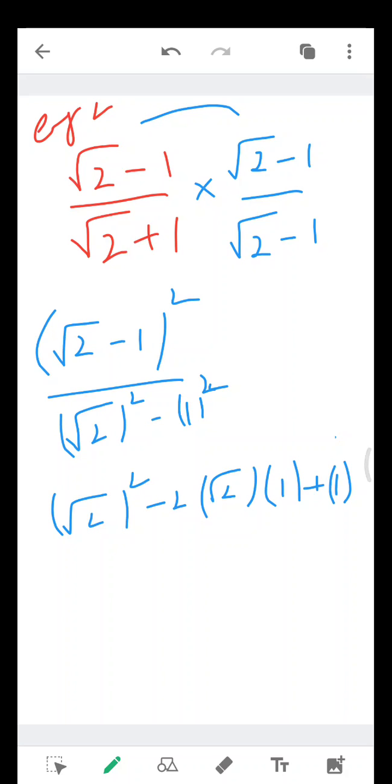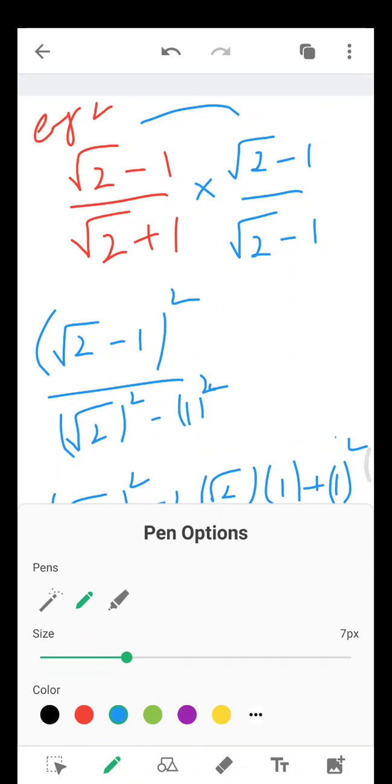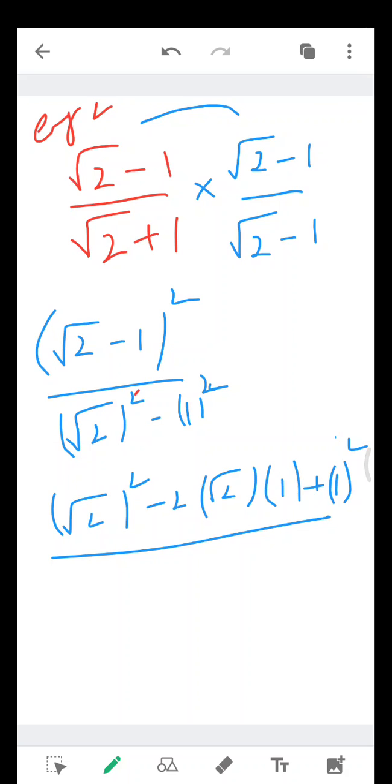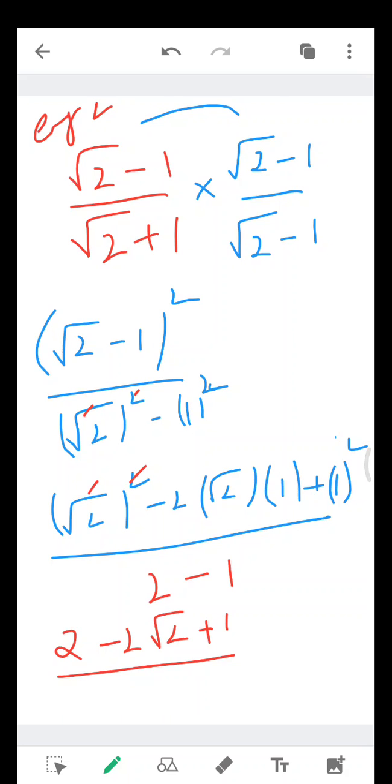What is b square? 1 square. The square and root get cancelled here, so this becomes 2 and this is 1. Here also the square and root get cancelled, so finally 2 remains in the numerator, then 2 root 2, and 1 square becomes 1, over 2 minus 1 which is 1. I cannot subtract 2 and 2 root 2 here.